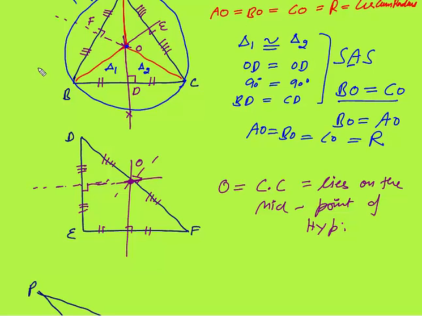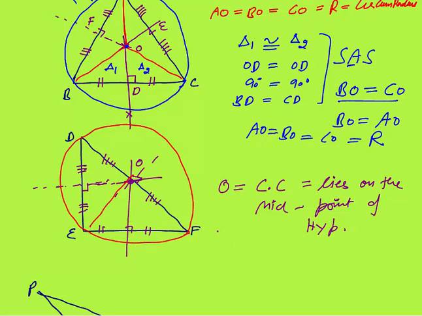It means that you can draw a circle by taking O as center, and the radii will be OE, OD and OF.